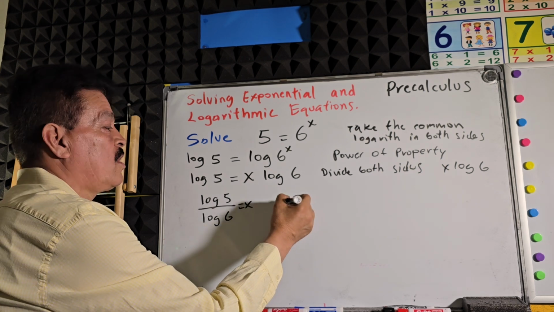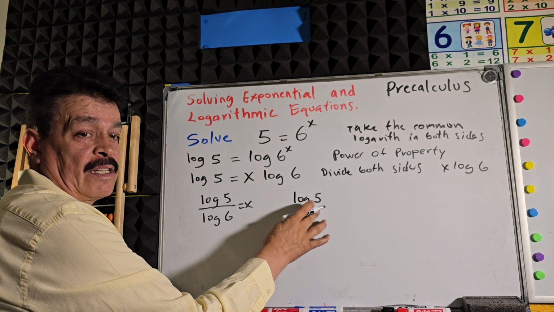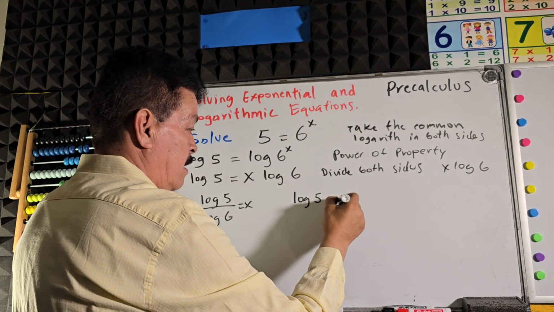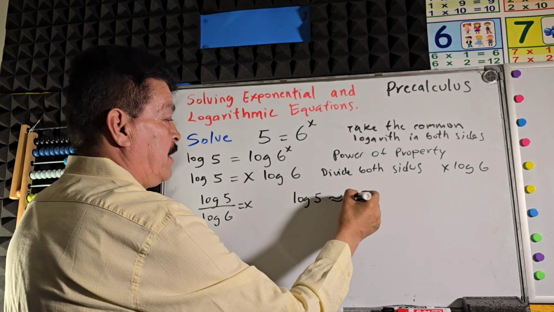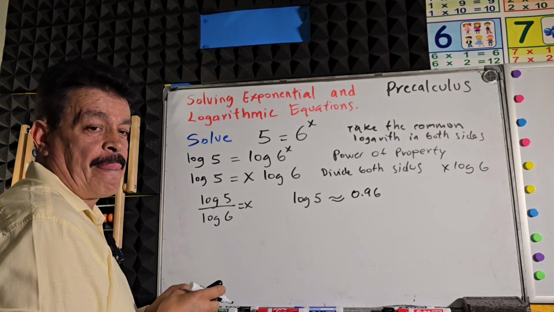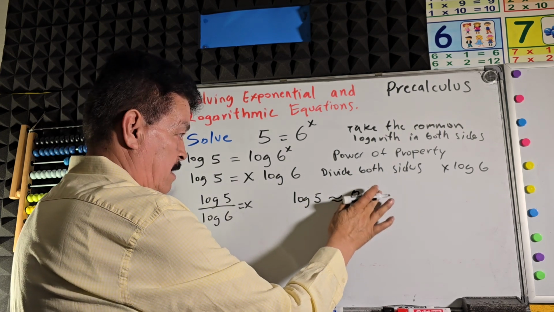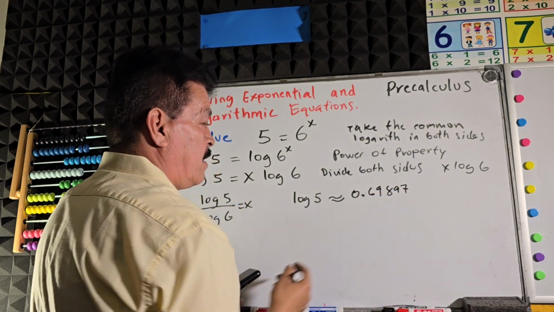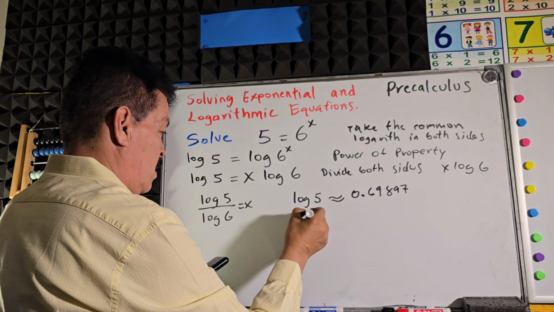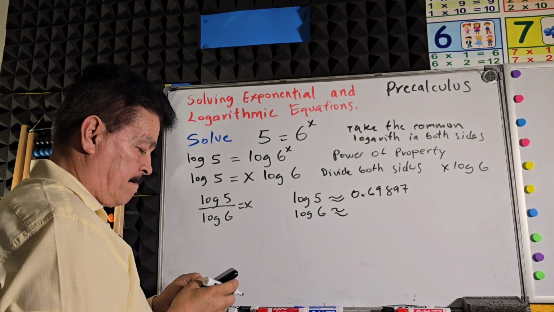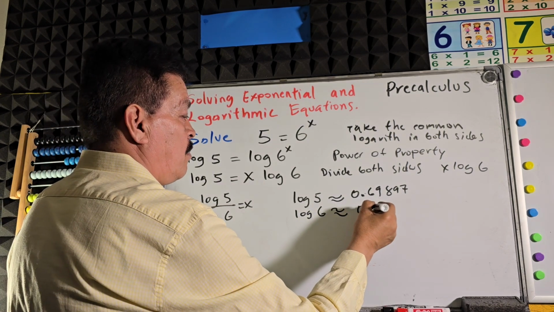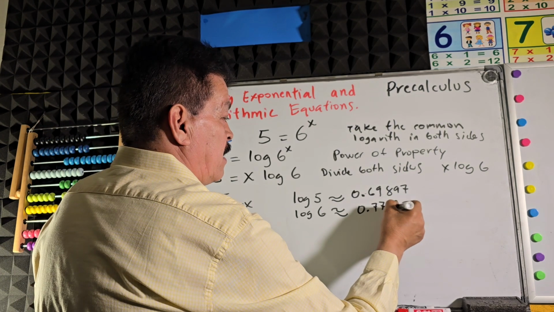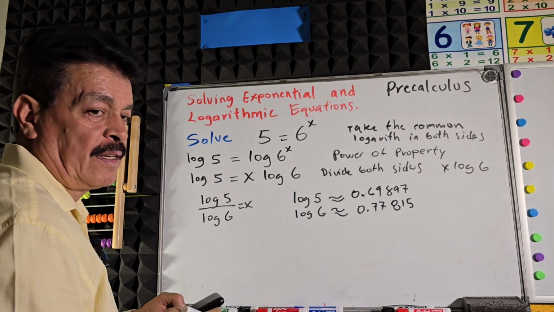Just write the value of log 5: 0.69897. Okay, and then let's find log 6. It is 0.77815. Okay, that's it.